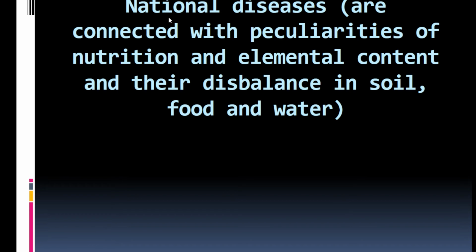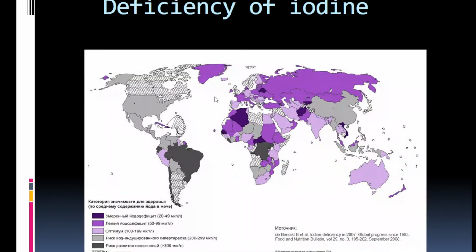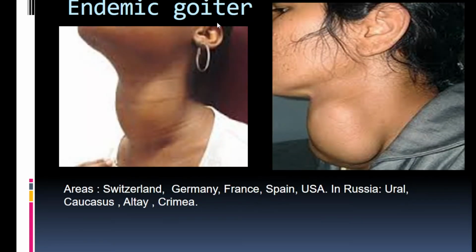And we have even national diseases, which are connected with peculiarities of nutrition and elemental content and their disbalance in soil, food, and water. You can see here different regions in the whole world with deficiency of iodine and endemic goiter as an endemic disease in these regions, and you can see areas where we meet this disease.